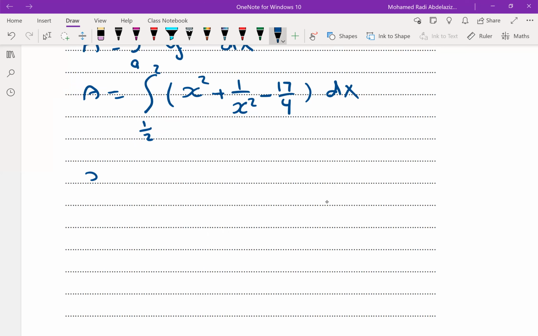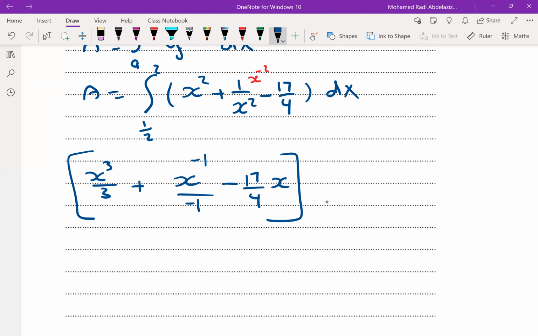For x squared, add 1 and divide by the new power. For the next term, you have to shift it up first; to integrate it will be x to the power of negative 2. Now to integrate, we add 1 and divide by the new power, minus 17 over 4 x, with limits from half to 2.